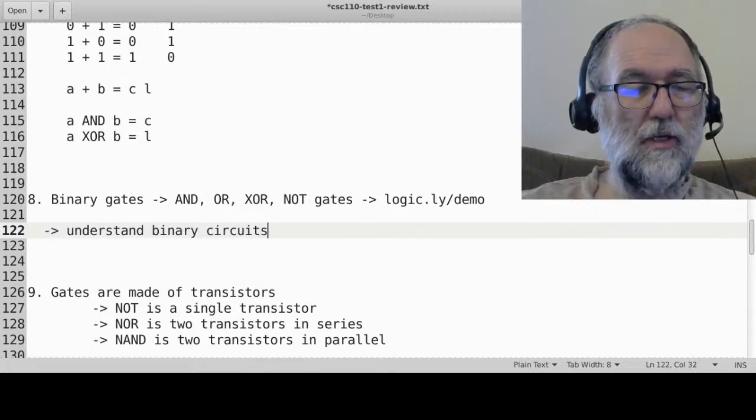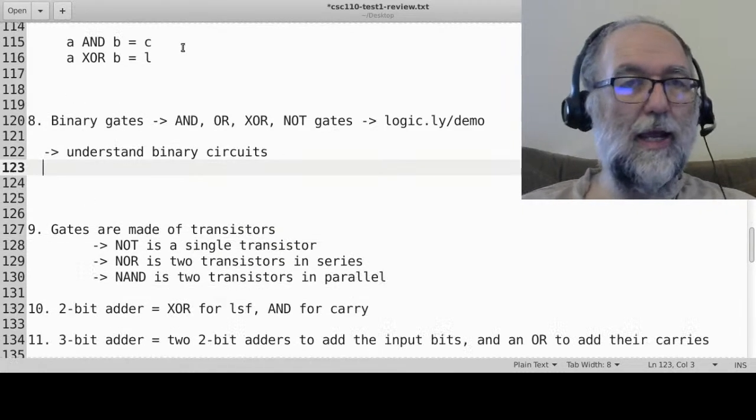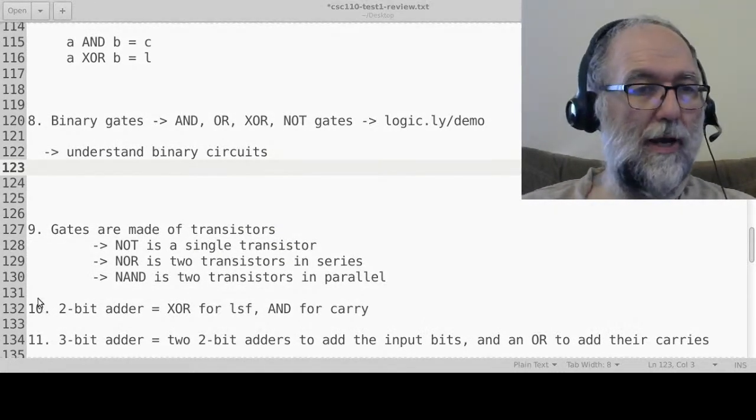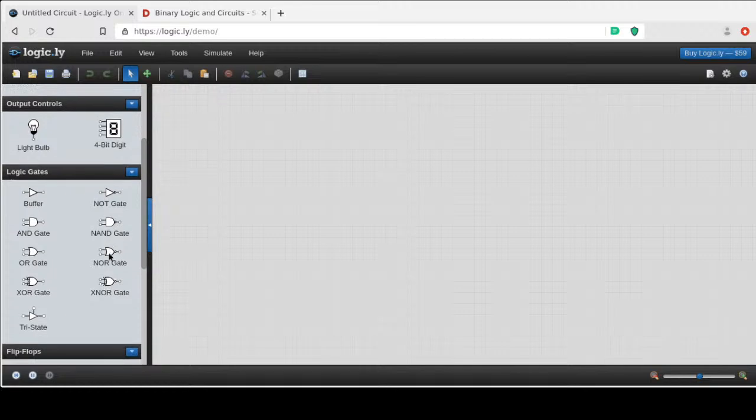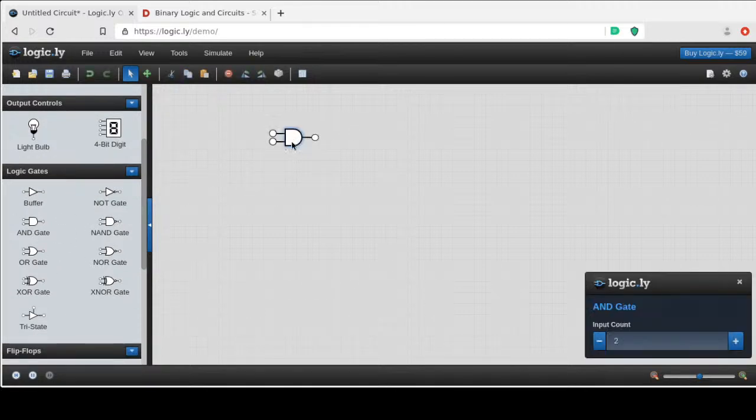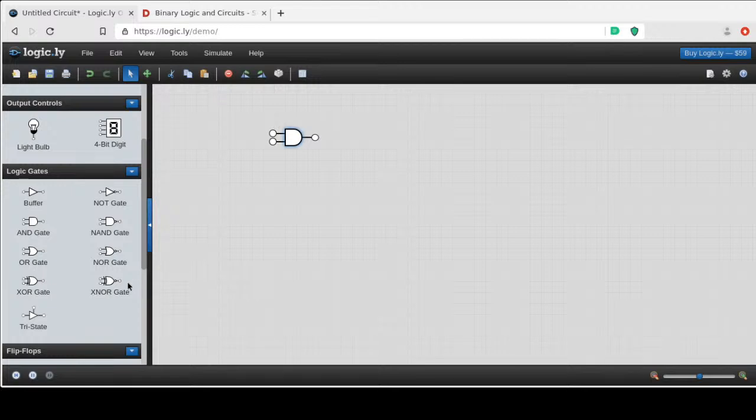Let me switch to logic.ly/demo, and I'm going to just make up a circuit. What should we use here? How about we use an AND gate, and how about an OR gate like that?